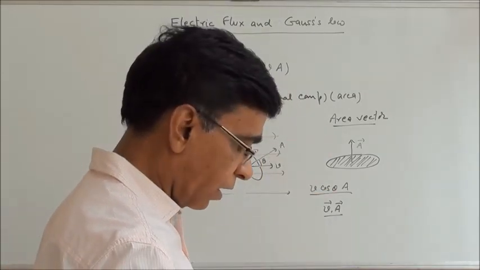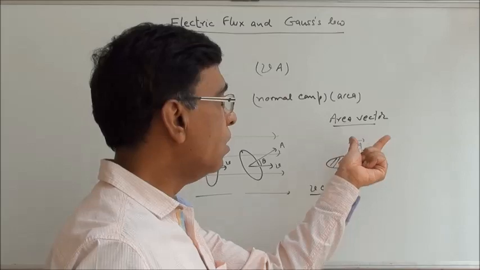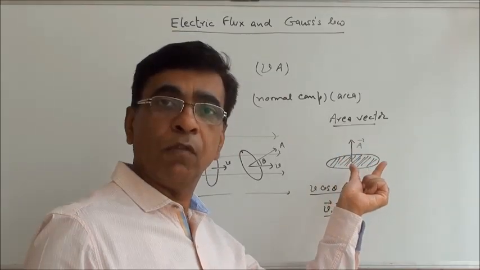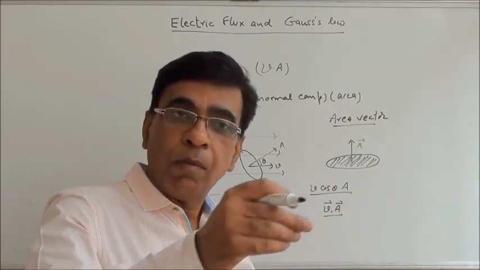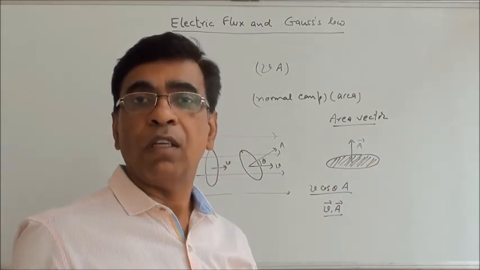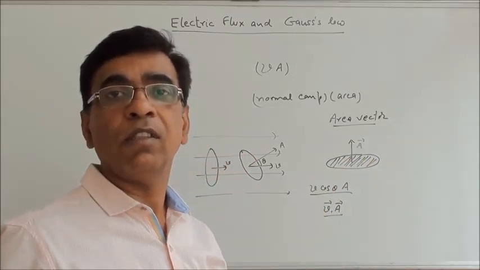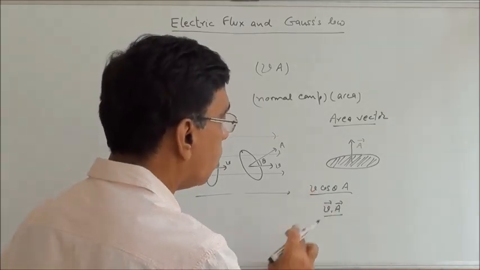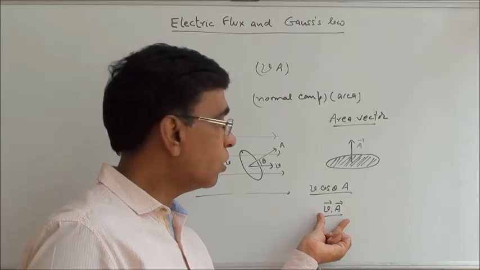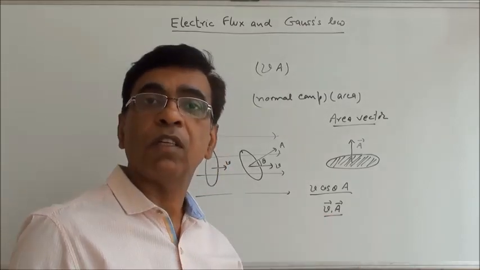Now, area vector is the vector for any given area. In magnitude it is equal to the area of the surface, and in direction it is perpendicular to the surface. And dot product of velocity and area vector gives me the flux of velocity.